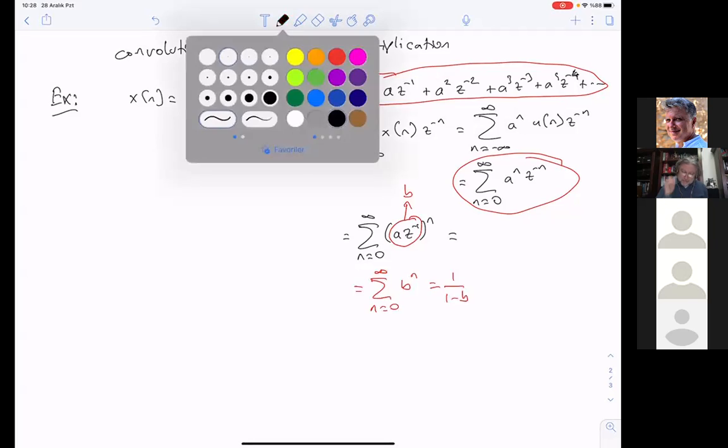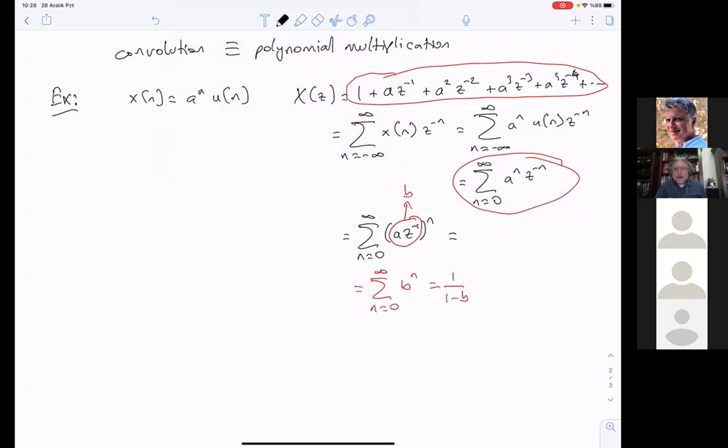Exactly. So the top one, the summation of a z inverse to the power n, will be 1 over 1 minus a z inverse. Do we all agree with this? Instead of this explicit open way of writing the summation, I can equally write it as 1 over 1 minus a z inverse.